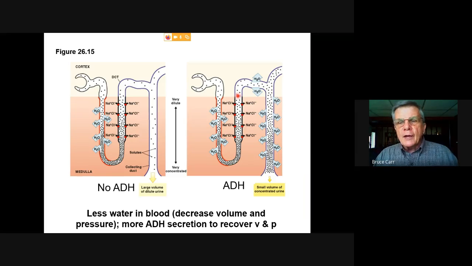The pituitary gland releases antidiuretic hormone, and it affects the distal tubule and the collecting duct, allowing water to respond to osmosis. Now that water is drawn out, conserving the water. Again, your body is dehydrated, so the kidney is conserving water, and as it passes down through the medulla and the collecting duct, it is concentrated to higher and higher degrees. A small volume is emitted, but it's very, very concentrated.